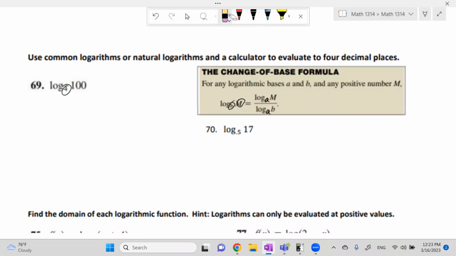That means I can separate the m and b, and I will choose an easier base. I will choose the common log, base 10. Then my calculator will show me what is log m and what is log b, and find the ratio of this. So for example, if I have log base 4 of 100.